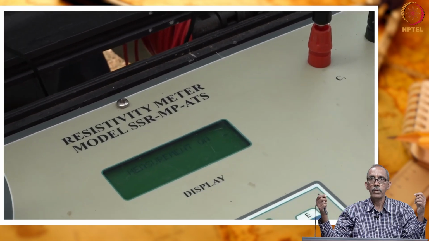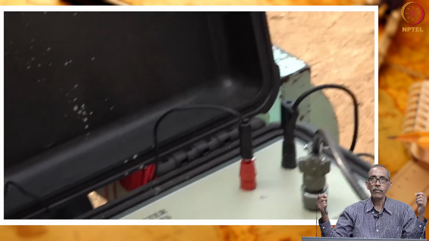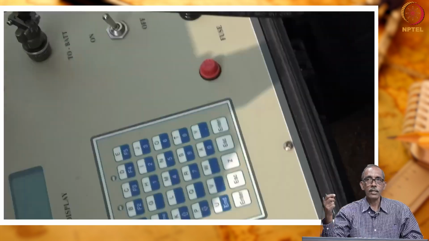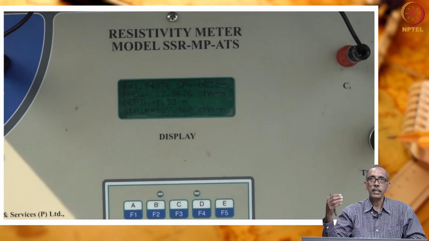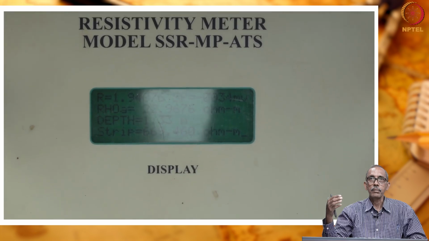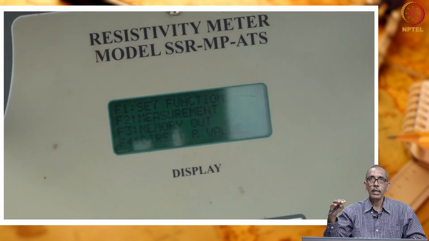Now, AB by 2 is at 6 meters, and we are carrying out the measurement of apparent resistivity, right. Apparent resistivity is measured using the resistivity meter, as you can see here. The resistivity measured is directly displayed. Sometimes this meter also directly gives the approximate depth of layers, right.